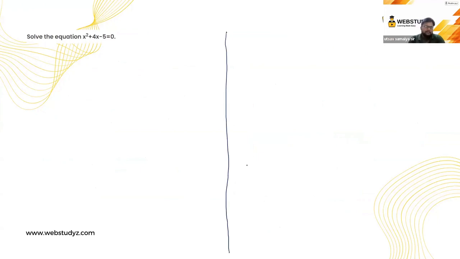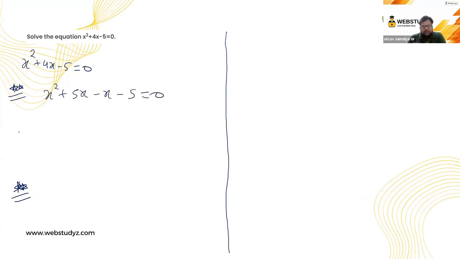Now next question is, we need to solve x square plus 4x minus 5 is equal to 0. We have to solve this. So first check, we can write it as 5x minus x minus 5 is equal to 0.